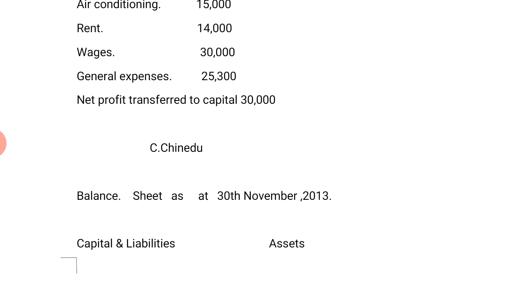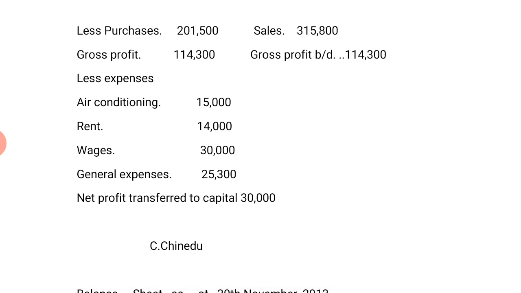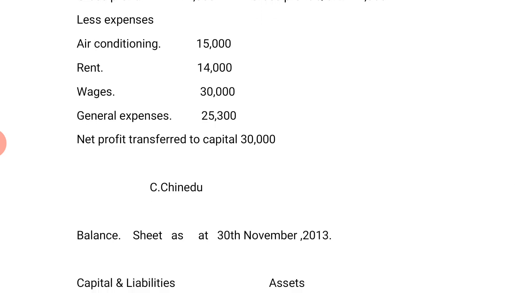So if you add all the expenses together, it will give us 84,300 naira. So you take it away from 114,300. So we arrive at 30,000 as our net profit. So the net profit will be taken to our balance sheet.